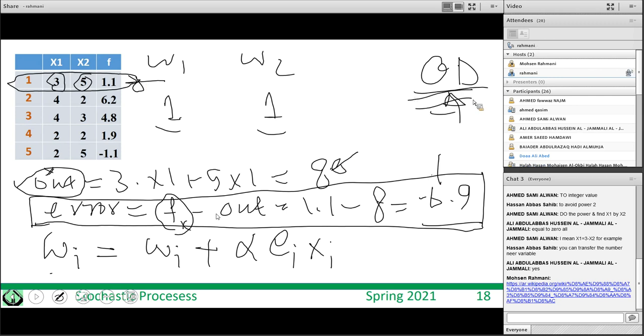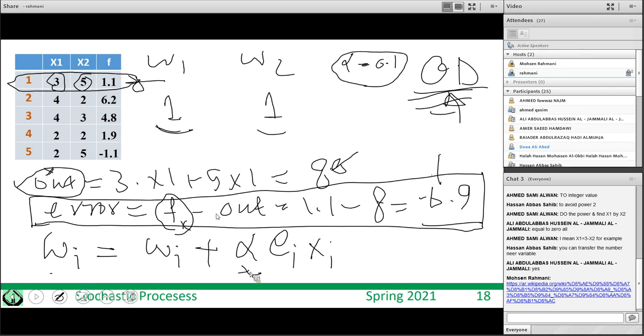Gradient descent says that if you want to modify W, you have to use this formula: a multiplication of alpha, which we assume is, for example, 0.1, times E_i, which is minus 6.9, times X_i. Here X1 is 3 and X2 is 5.